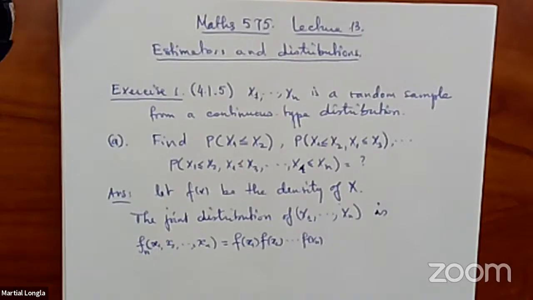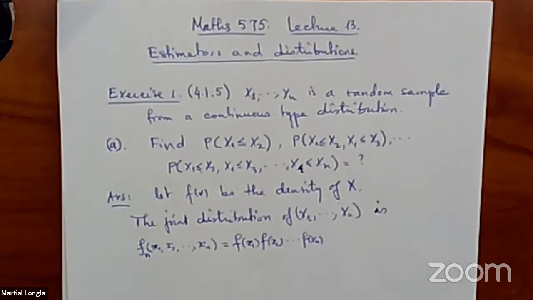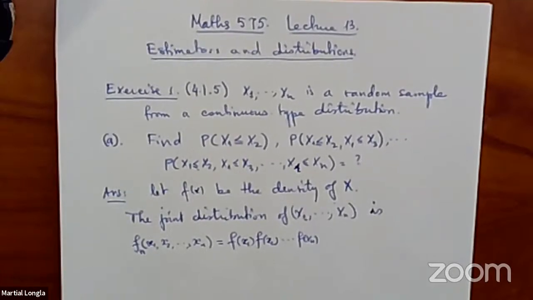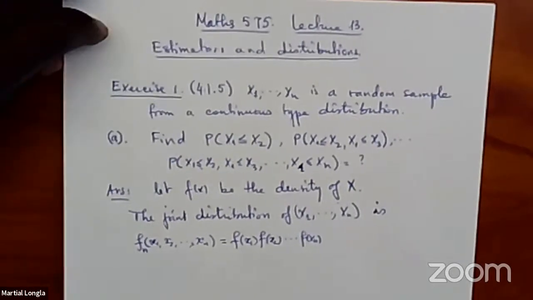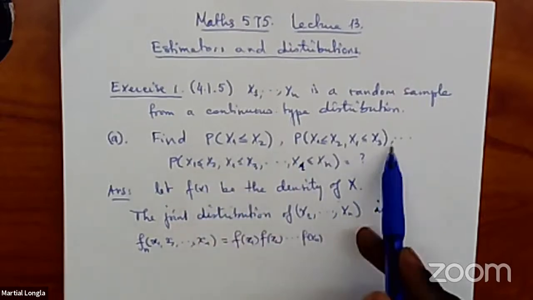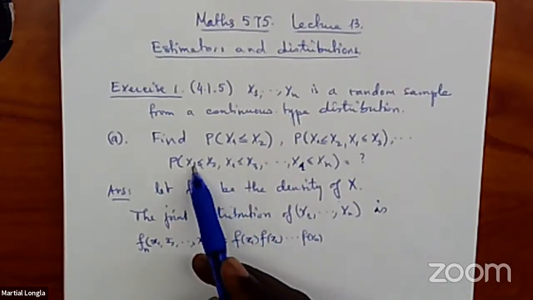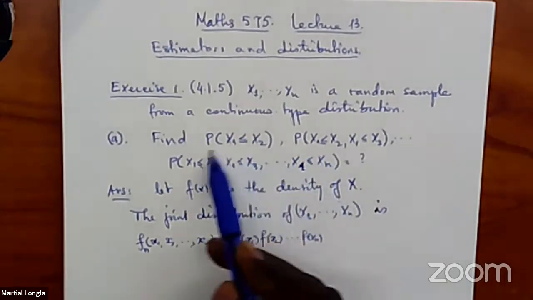Now, if we have the distribution, how do we find the probability that we have here? What's the formula to get the probability from the density? Integration. So to get this probability here, we need to integrate this function over the set that is written inside here.